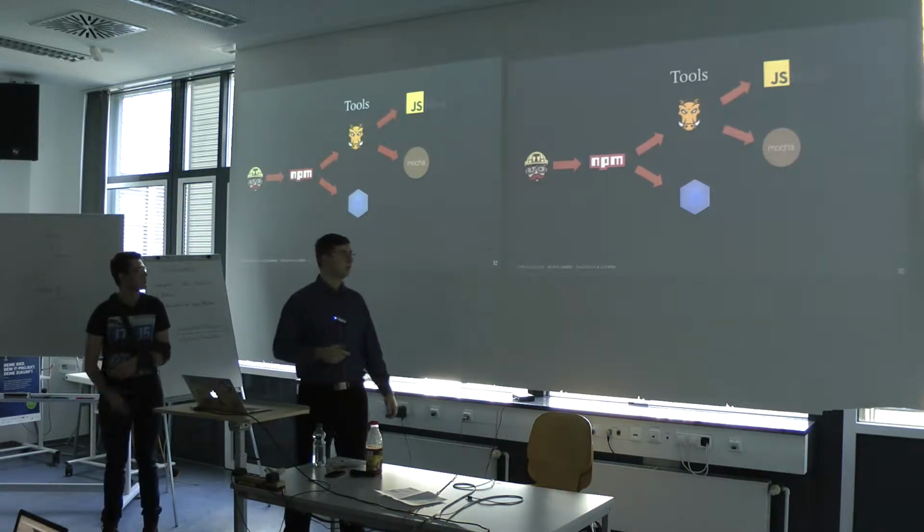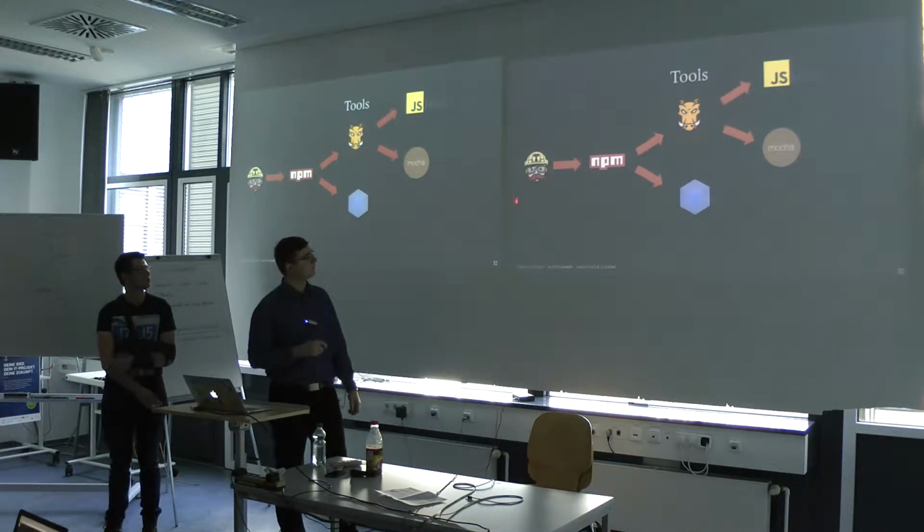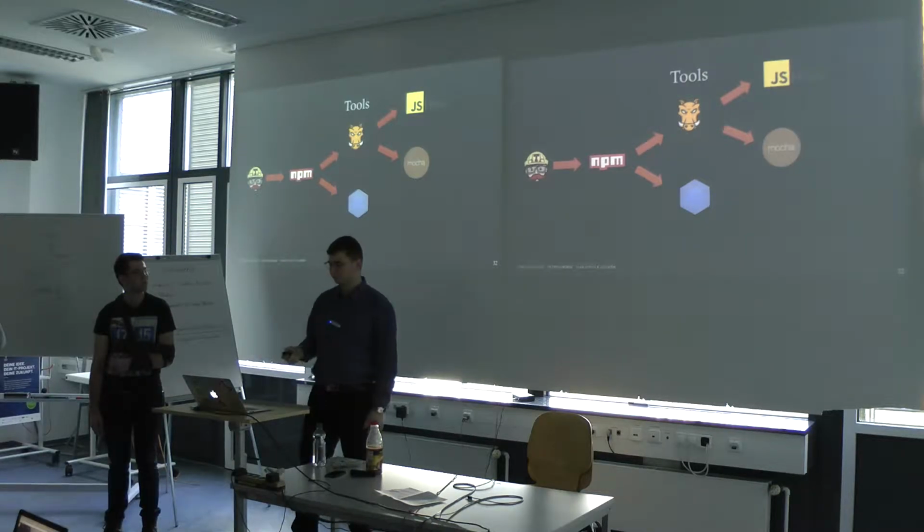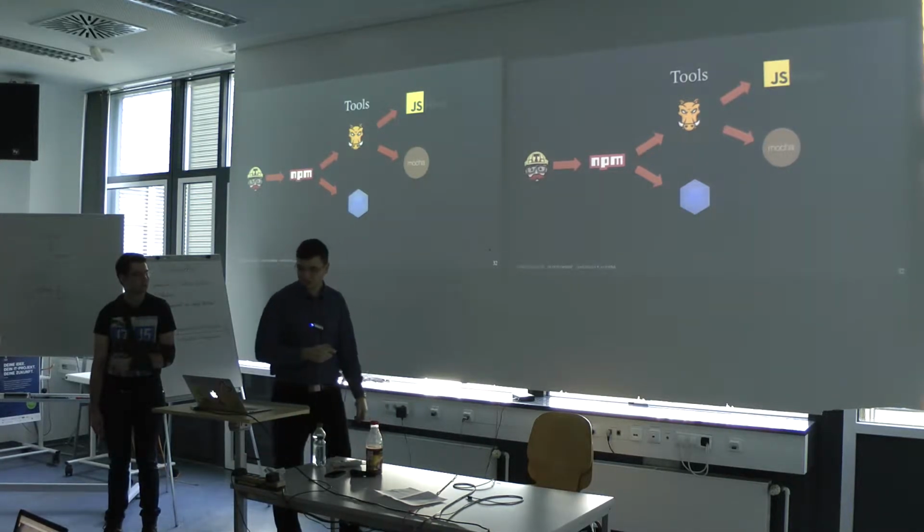So how it works: after every push or pull request, Travis starts to install node and npm. Then Travis runs npm build, which starts Webpack and builds the projects.